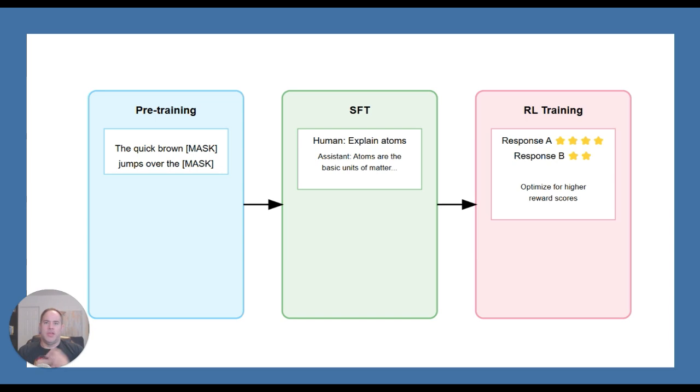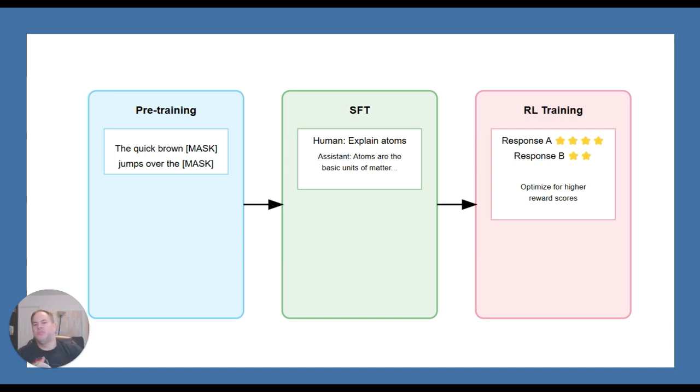Here we have the pre-training step, that base model, where it takes something along the lines of "the quick brown fox jumps over the lazy dog" and masks out portions of it, and the base LLM model is expected to provide the tokens or words in place of what those masked out portions are.